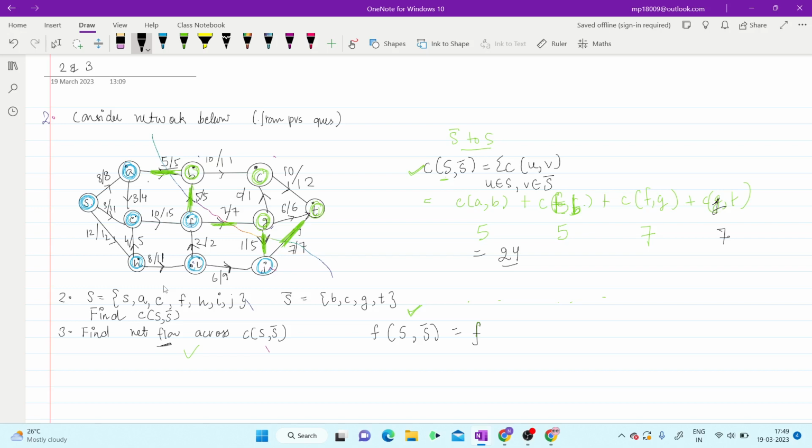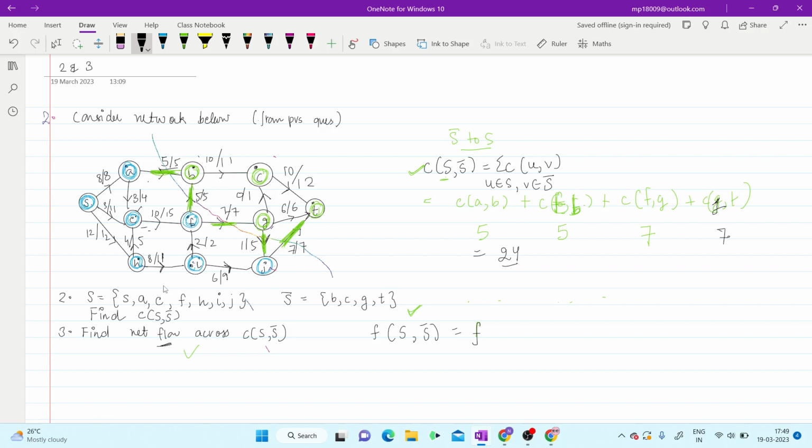If we look at this edge EF, when we are computing net flow, we'll be adding FEF because it is going out of E, which is in S. But we'll also be subtracting it because the other vertex is also lying in S. So if any two vertices are lying in S or both in S bar, both those quantities get cancelled.